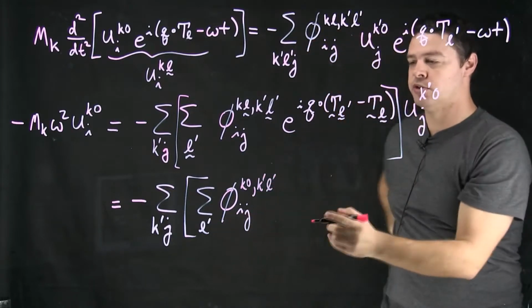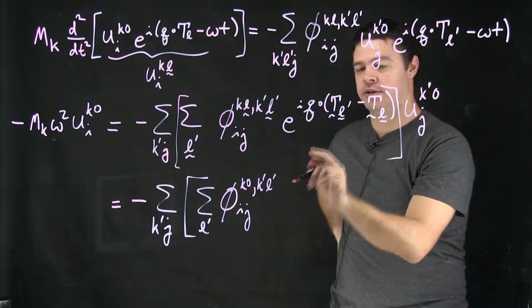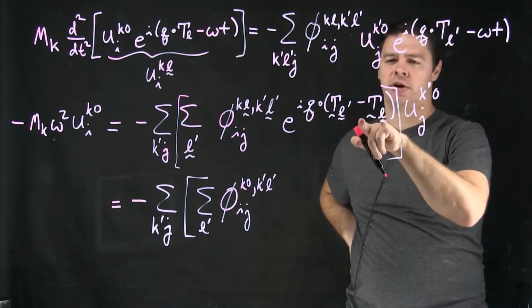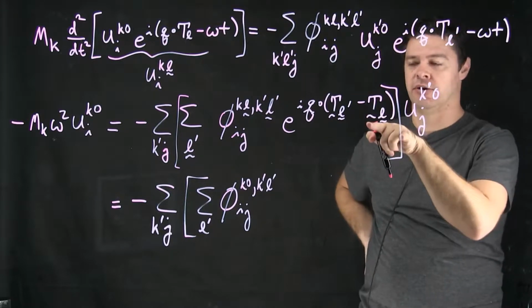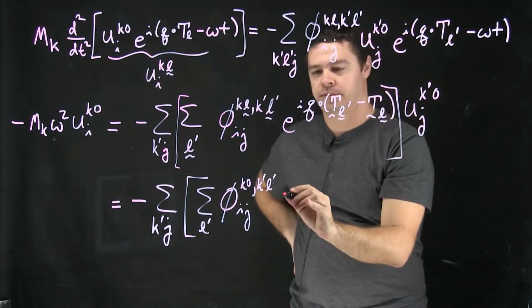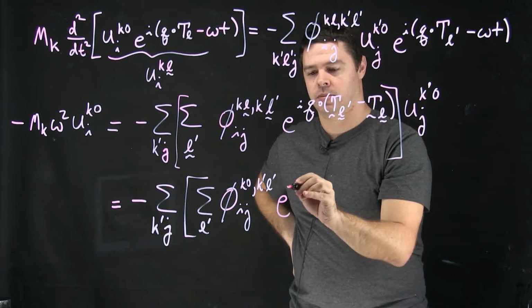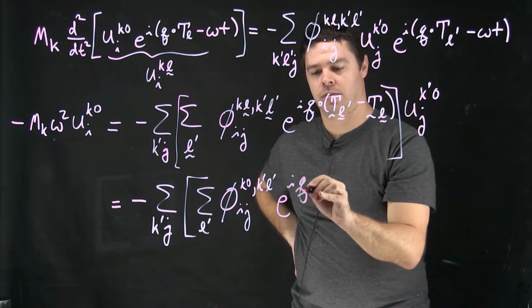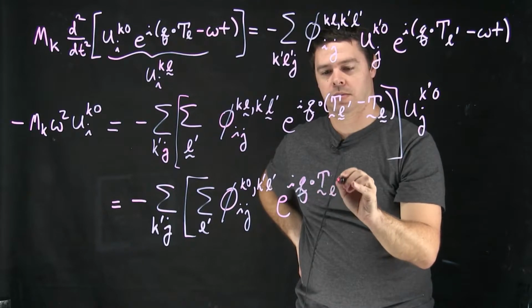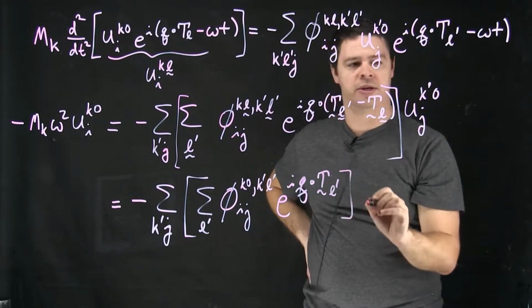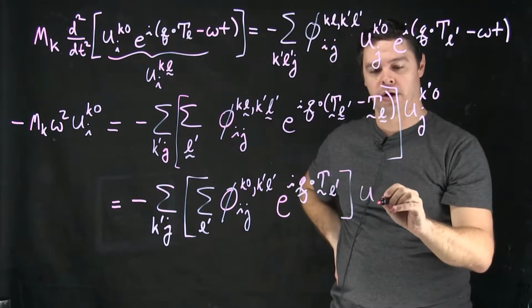I still have to do the summation over all possible unit cells. But that means I no longer really have to consider this translation vector, because that translation vector will be 0. So this makes it look a little bit more compact.